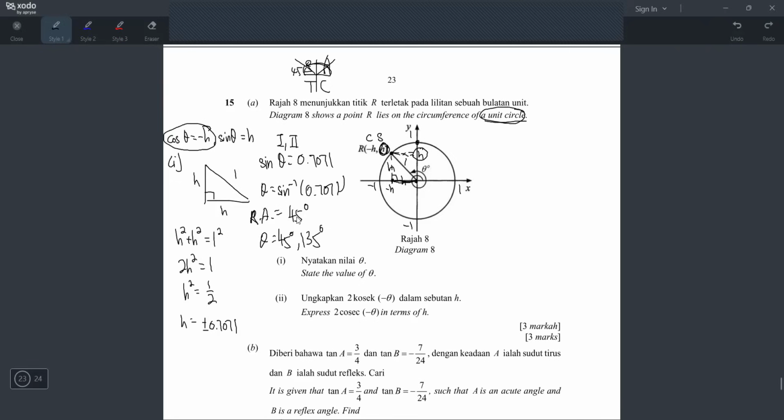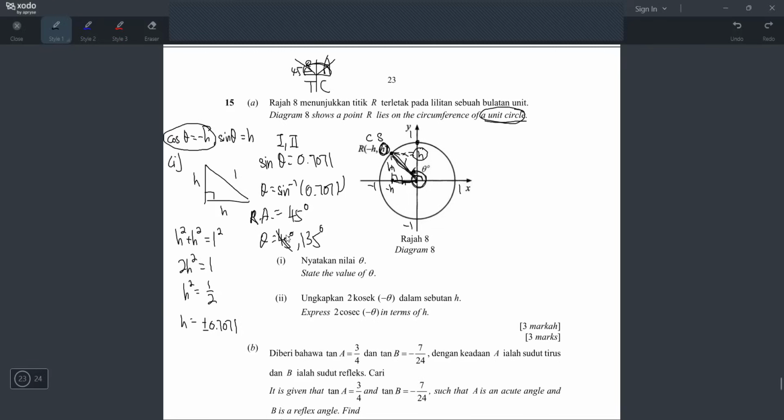Okay. Now I will check whether my angle here makes sense to be 45 or 135. If you look at here, here to here is 135, right? Because the line is here. But if you look at how they rotate the angle, they rotate until here, which is already 360 degrees. Then only they add the 135, right? Because this angle is definitely in quadrant 2, which means 45 is confirmed wrong already.